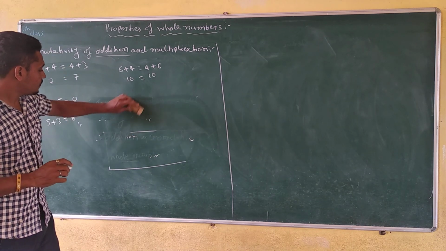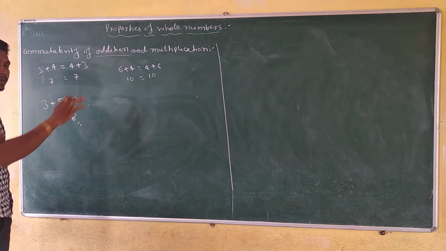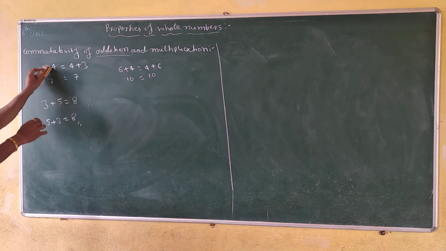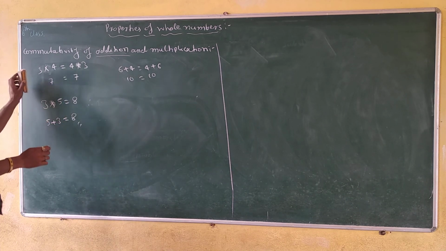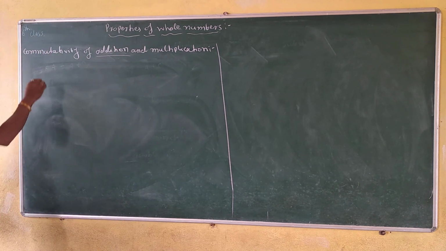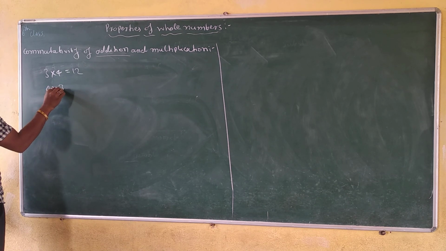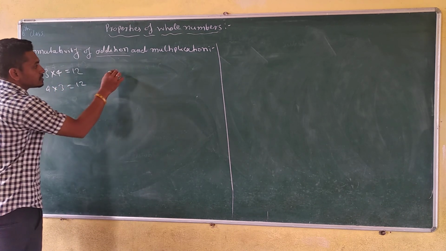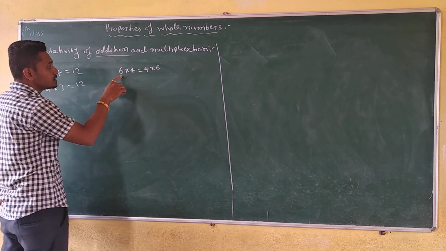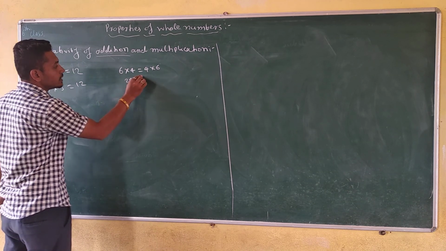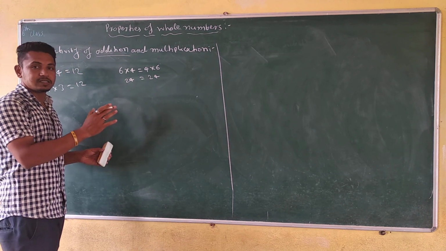Now we are going to check the commutative property for whole numbers under multiplication. 3 into 4 is 12, and 4 into 3 is 12. Next, 6 into 4 is equal to 4 into 6, as 6 fours are 24 and 4 sixes are 24. So we can multiply two whole numbers in any order.